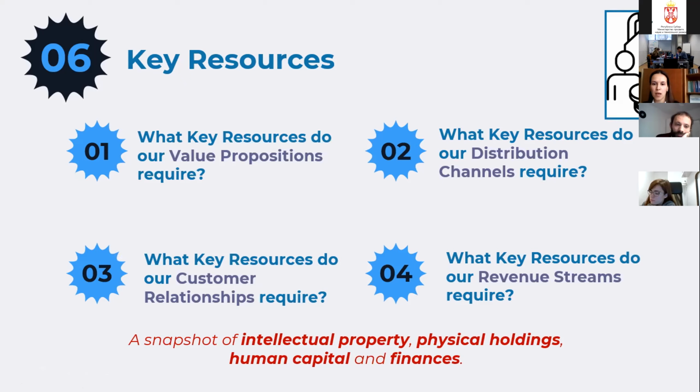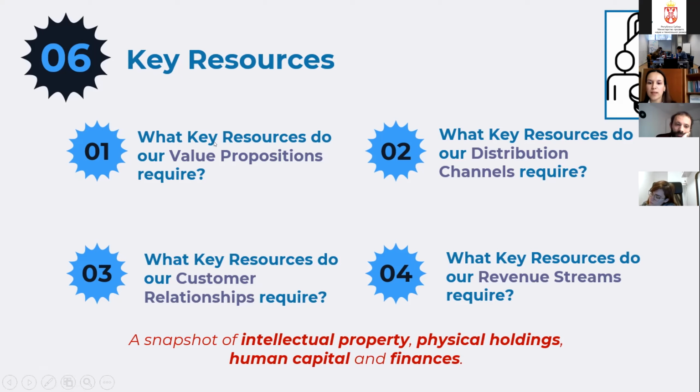So we must see what resources are necessary in order to create and offer products or services in order to meet the needs of our customers or to solve their problems.